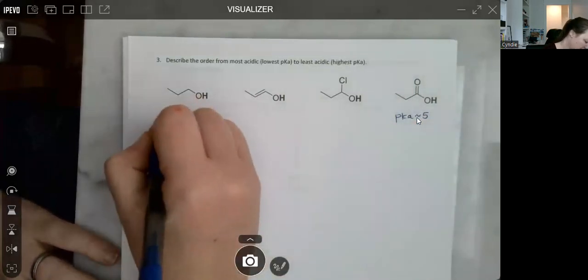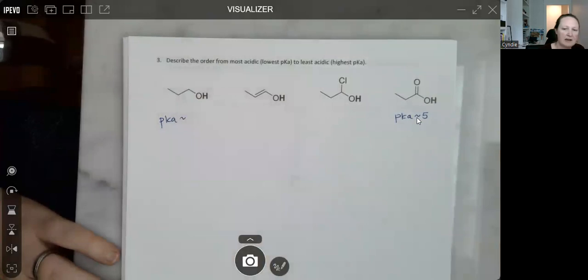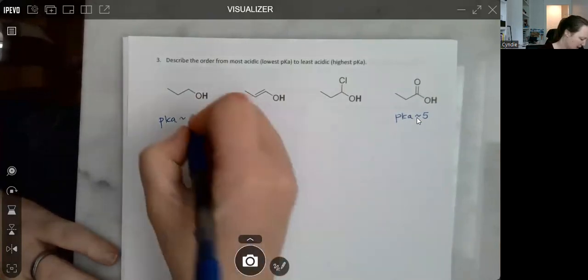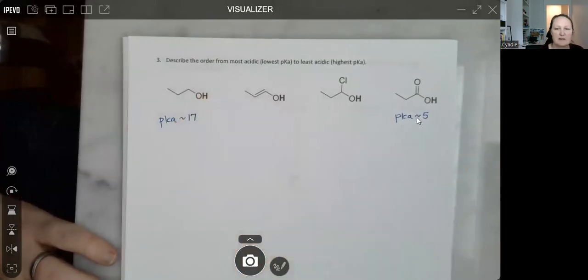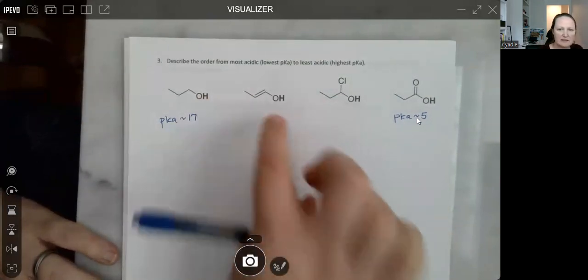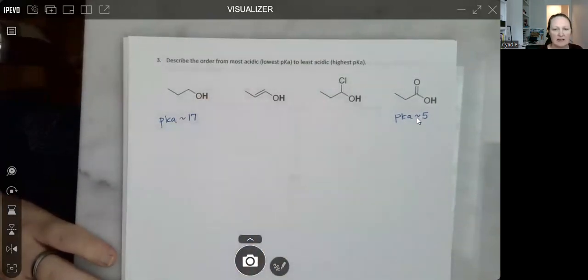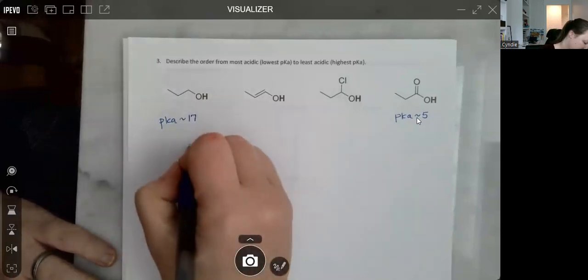And alcohols generally have a pKa anywhere from like the 16 to 18 range, right? So maybe you say approximately 17. So those could be helpful. We might not know the pKas of these, right? And that's okay, because again, we can also use ARIO analysis, right?